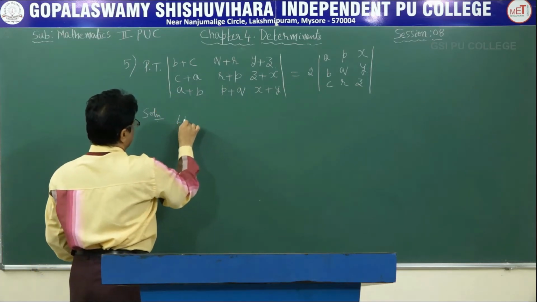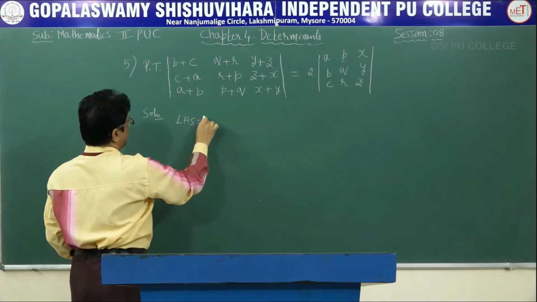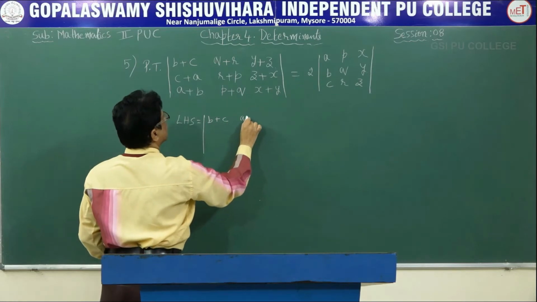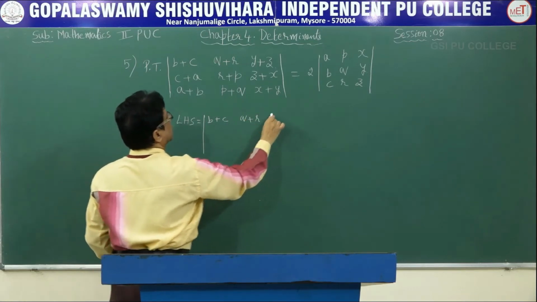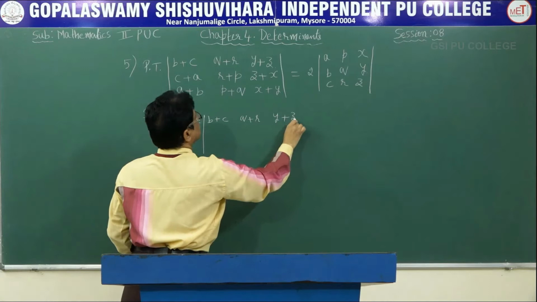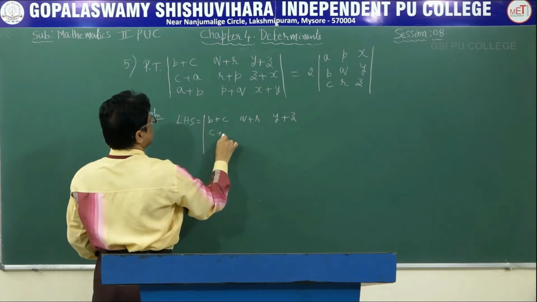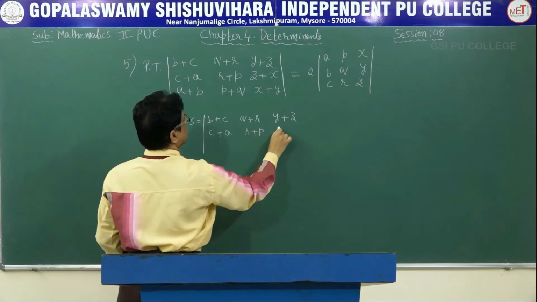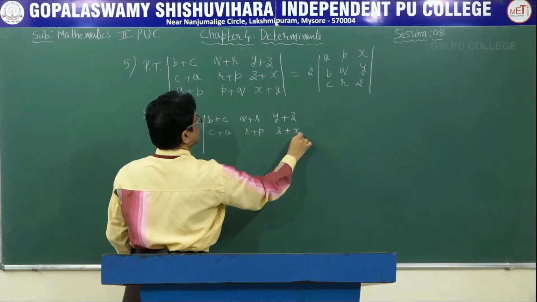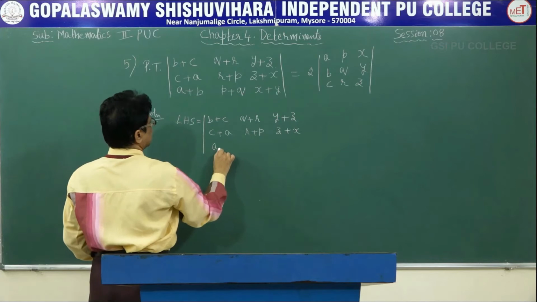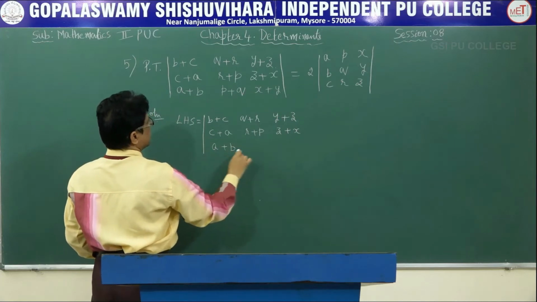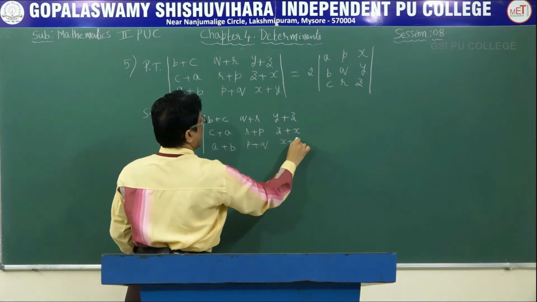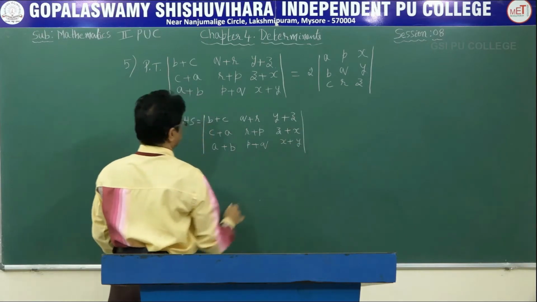Solution. So, LHS is equal to the determinant of b plus c, q plus r, y plus z, c plus a, r plus p, z plus x, a plus b, p plus q, x plus y.